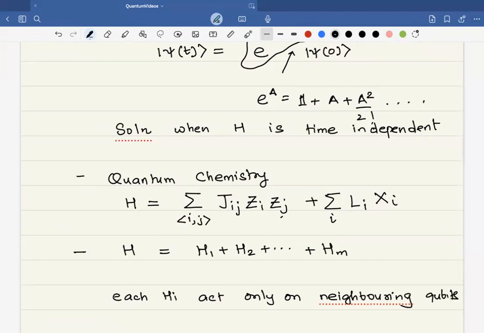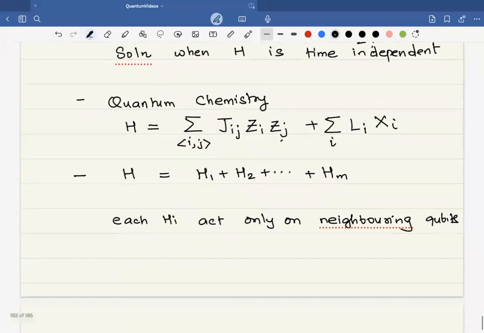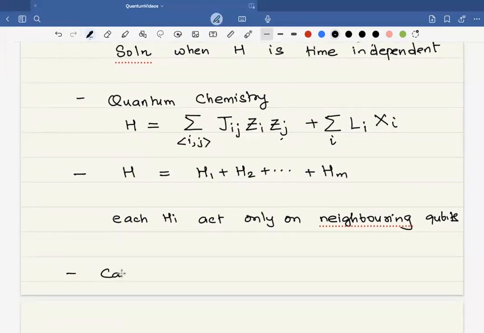The question is, can we build a circuit for the dynamics of the system, and can we build an efficient circuit for the dynamics? So the question is, can we efficiently simulate this Hamiltonian?